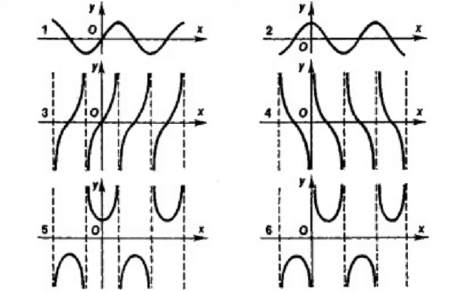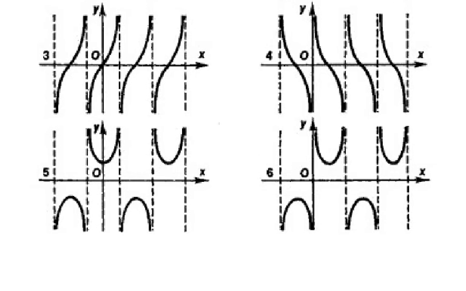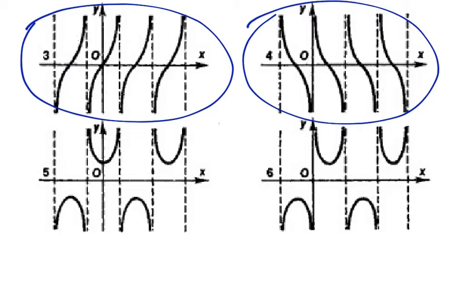So without even worrying about the other graphs on here, I only want to look at the top two. So this right here was tangent, okay? And this right here is cotangent. So notice that besides the shape of the graph, because I know that tangent goes up and cotangent goes down, but notice that wherever I had a vertical asymptote is now a root on the graph. See right here?